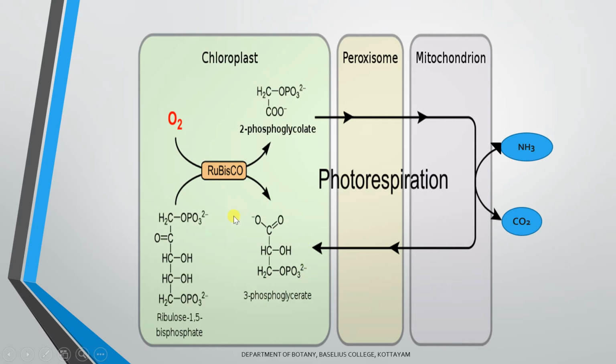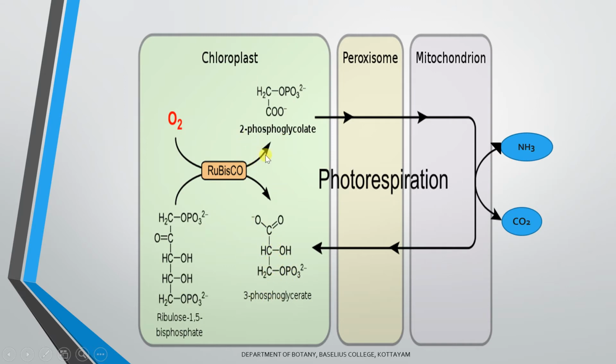The 3 carbon compound is the same compound that is produced in Calvin cycle, that is 3-PGA, 3-phosphoglycerate, and the other compound is 2-phosphoglycolate. This is the starting compound of C2 cycle. The 3-PGA formed in the stroma of the chloroplast is added to the 3-PGA pool of the Calvin cycle, so the normal Calvin cycle is operating here.